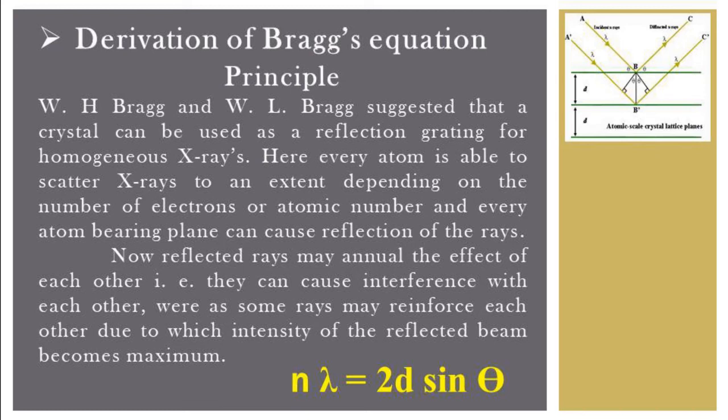Now, reflected rays may annul the effect of each other, that is, they can cause interference with each other, whereas some rays may reinforce each other, due to which the intensity of the reflected beam becomes maximum. This is the principle of derivation of Bragg's equation.